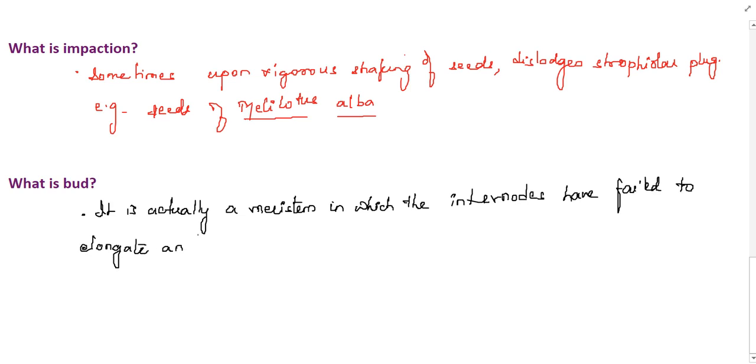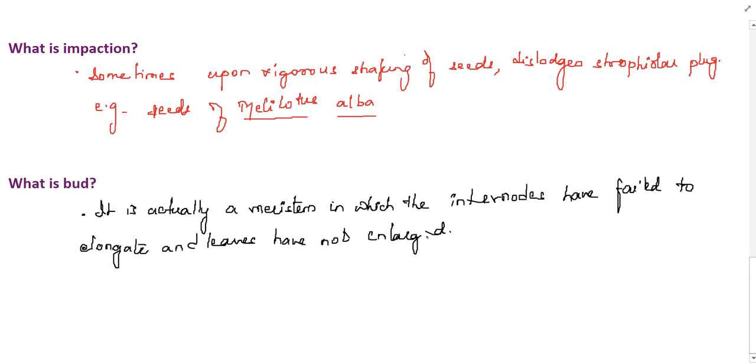Okay, so in which the internodes have failed to elongate, and the leaves have not yet enlarged. So this structure is enclosed in a set of modified leaves.